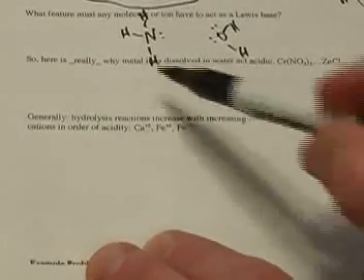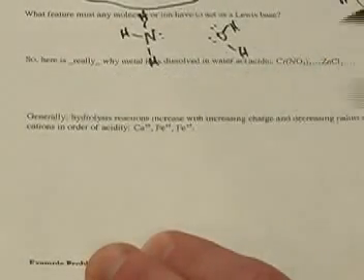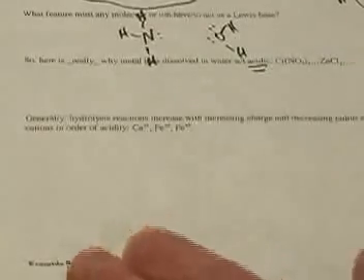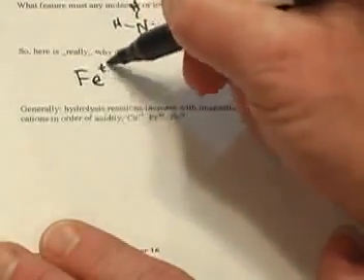So here is really why metal ions dissolved in water act acidic: it's because of the Lewis definition. If you look at a metal such as Fe+2, the +2 charge means that it has lost 2 electrons, and so it's electron deficient.